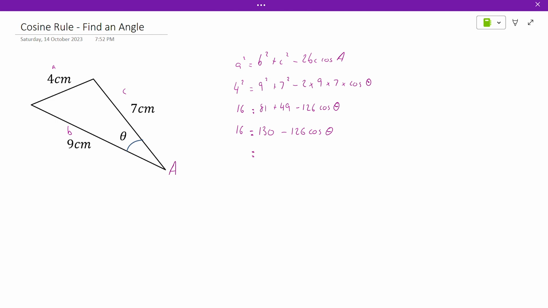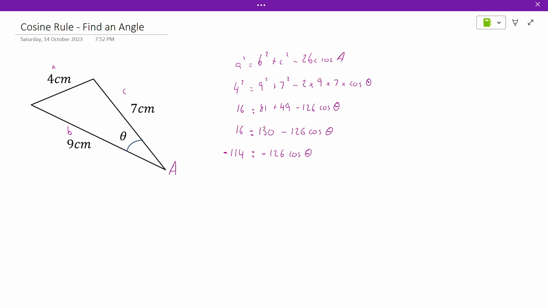If I've got a positive 130, the inverse of that would be to subtract 130. So on the left-hand side, 16 minus 130 equals negative 114. So negative 114 equals negative 126 cos of theta.